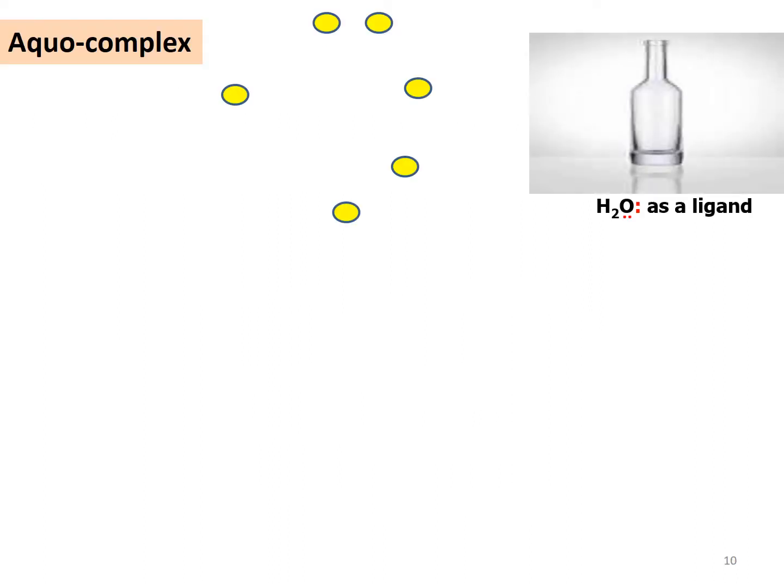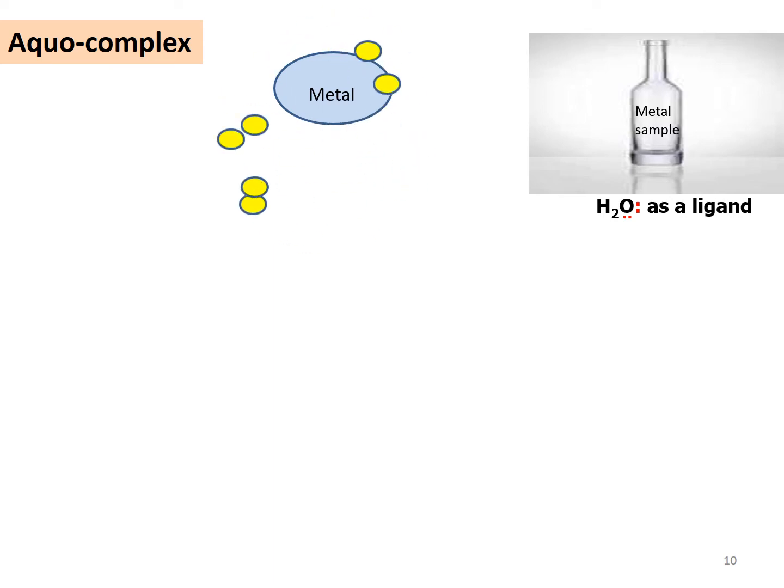Aquo-complex. Usually our metal sample is dissolved in water. Since water has oxygen, and oxygen is one of the heteroatoms previously discussed, it will form a complex with the metal called an Aquo-complex.